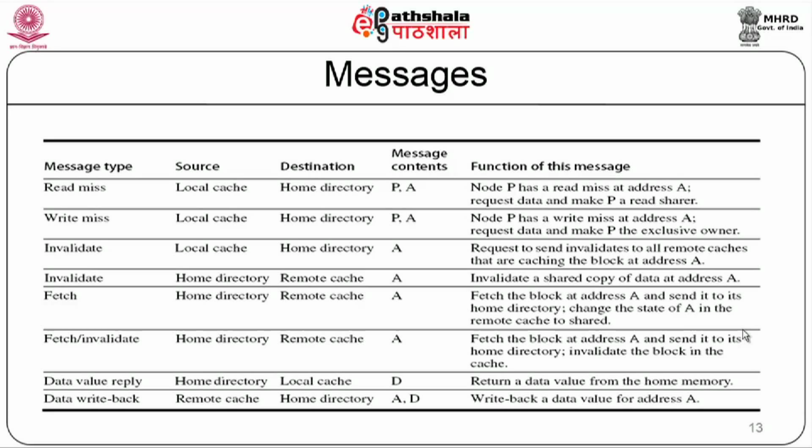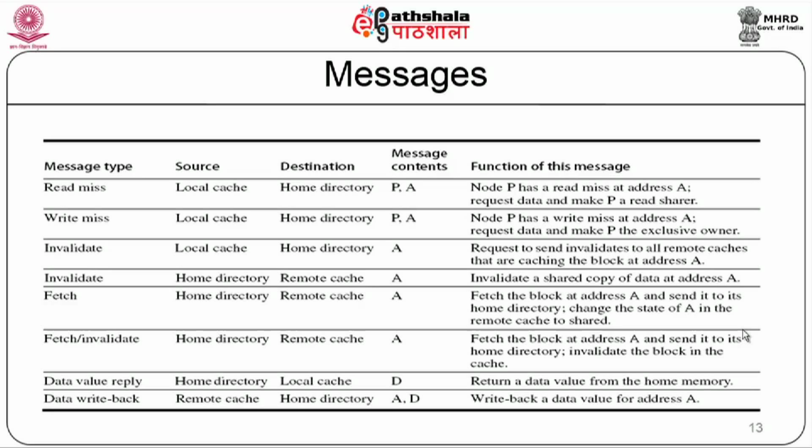Similarly, if an invalidate has to be sent, suppose you have to do a write operation, before you do a write operation, you will have to invalidate all the caches which have cached this data. The invalidate is going to be sent by the home directory. When the processor puts in a write request, the home directory knows which are the cache controllers which have cached this information.